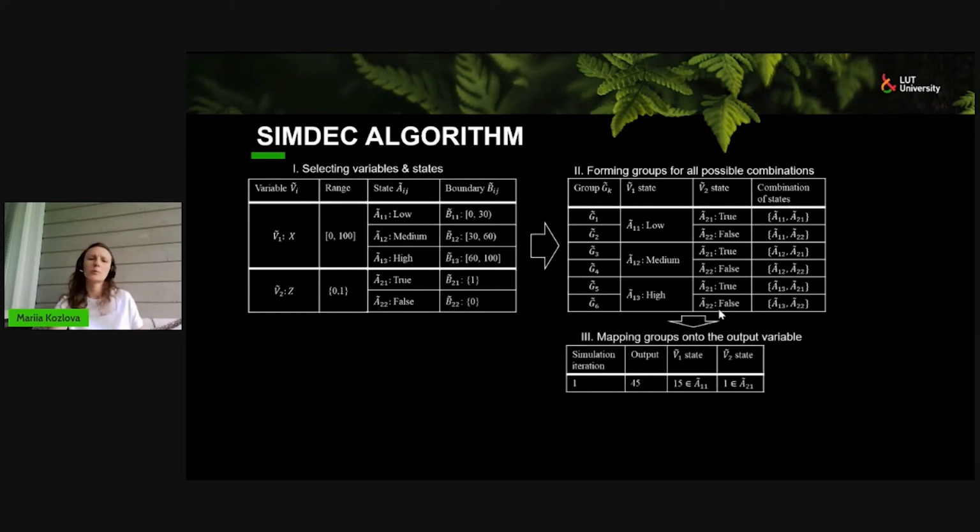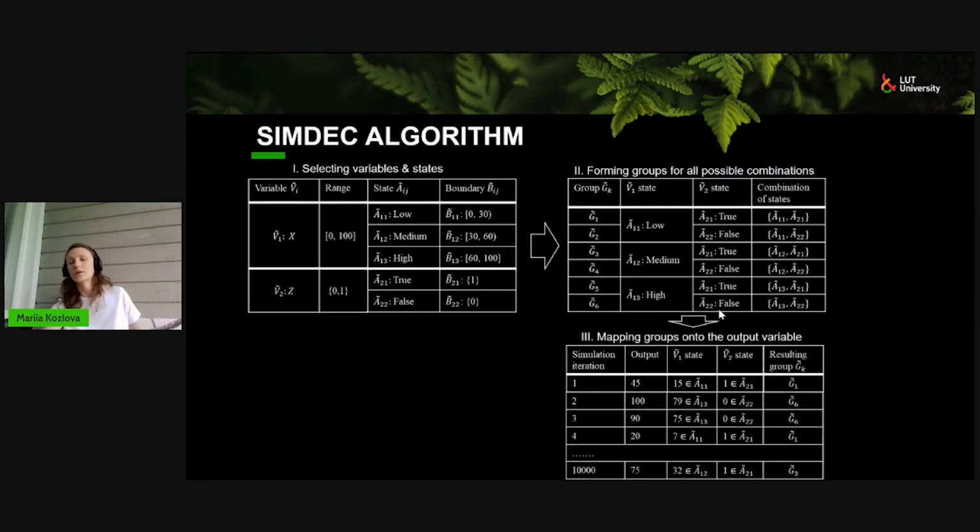And every time we map every single output to the corresponding group. For example, here in the first simulation run, the output was 45, x was 15, which belongs to the low state, z was 1, which belongs to the first state, true, and low-true is group number 1. And we do similarly for all the other simulation runs, whether it's 1,000, 10,000, or 100,000.